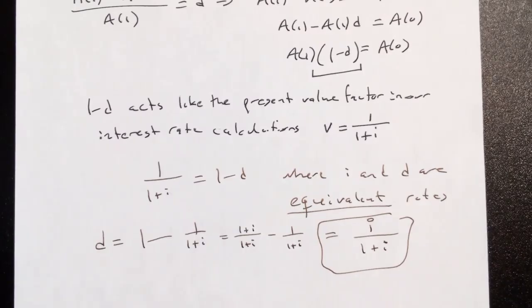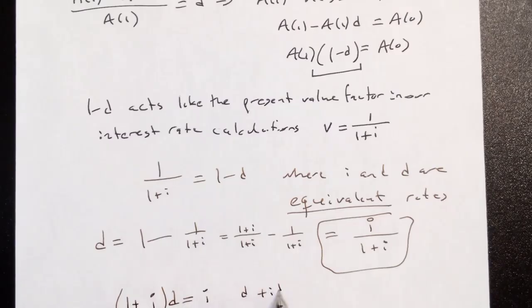We can rearrange and finish this the other way. I want to get I all alone this time. 1 plus I times D equals I, so D plus ID equals I. Move the I to the other side, and I get D equals I minus ID.